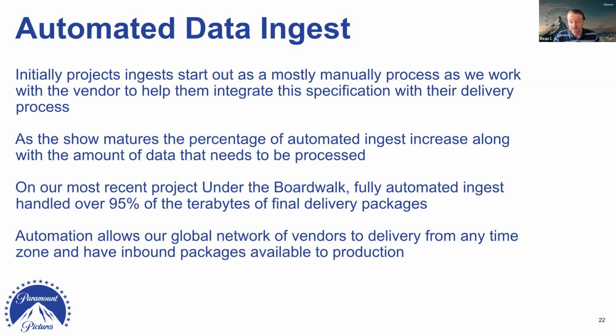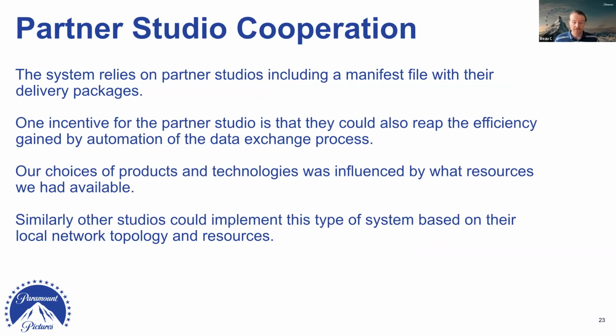Automation allows our global network of vendors to deliver from any time zone and have inbound packages available to production. For this whole system to work, we do need partner studio cooperation. The system relies on the partner studio to include a manifest file with their delivery packages.